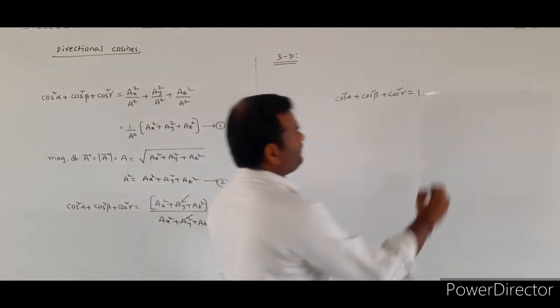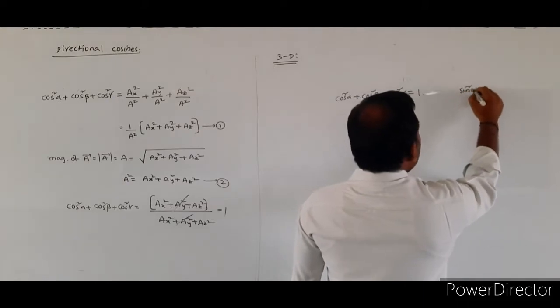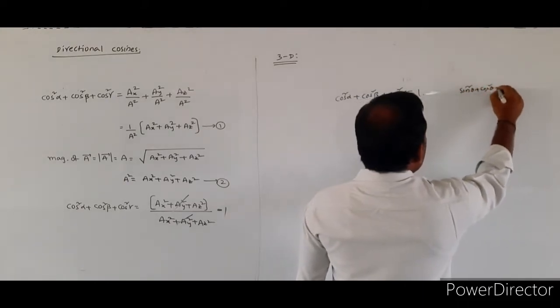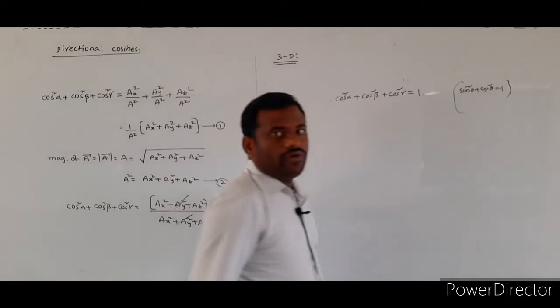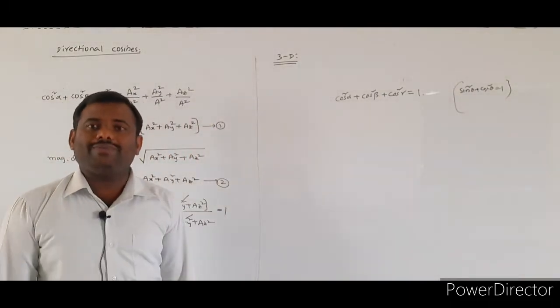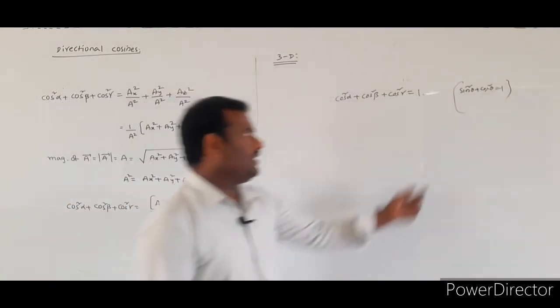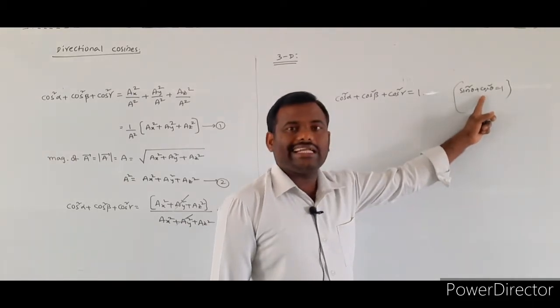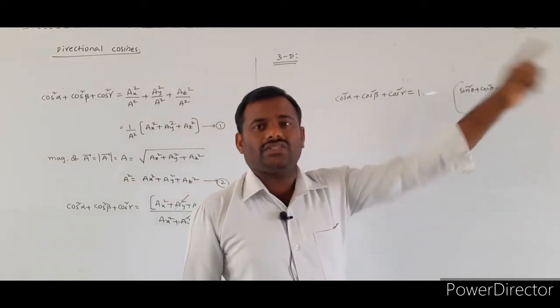We know one basic formula: sin square theta plus cos square theta is equal to 1. From this, cos square theta is equal to 1 minus sin square theta.